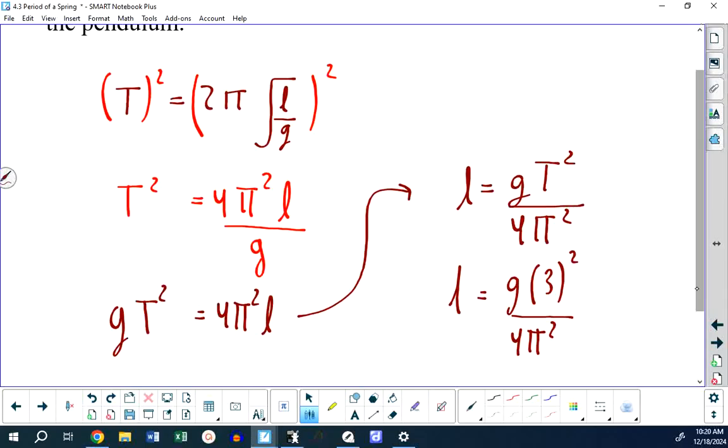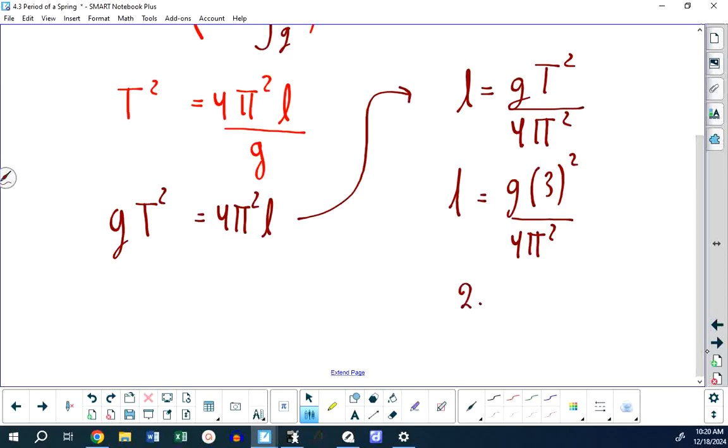I would like you to run this through your calculator and get an answer. So I get 2.24 meters, rounded.